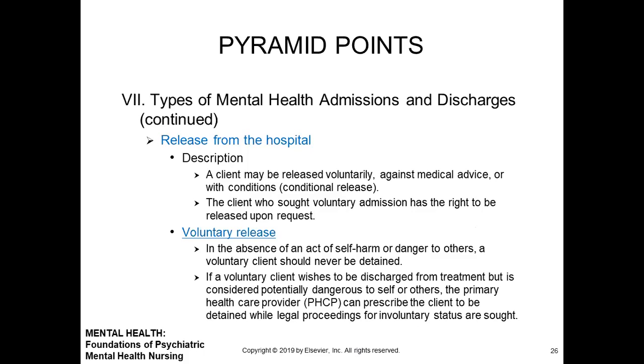It is the patient's right: I want to go. So the client may be released voluntarily against medical advice or with a condition. The client who has a voluntary admission has a right to be released upon request.